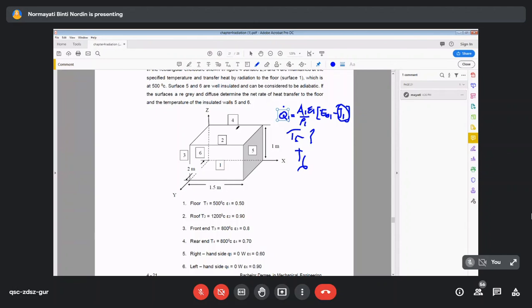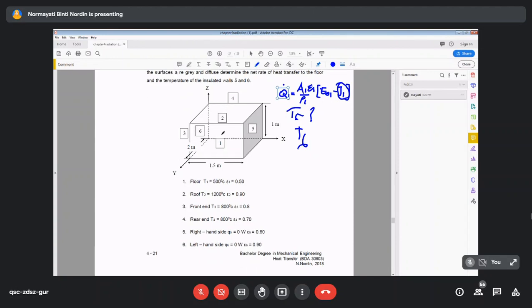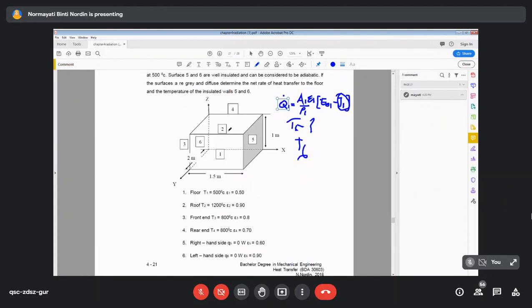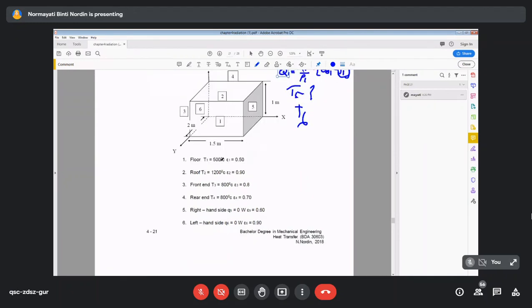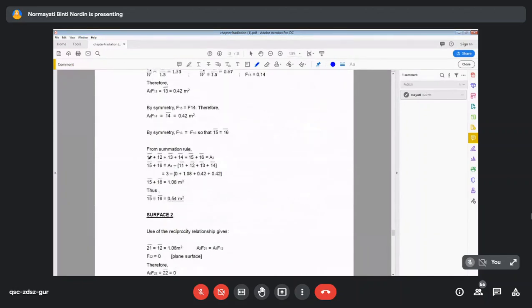If you don't have mastery of simplification, you will go and find 1 to 4, then 1 to 5, then 1 to 6. In fact, once you have 1 to 3 and 1 to 4, you can just use the summation rule, because 1 to 5 and 1 to 6 are also symmetrical.